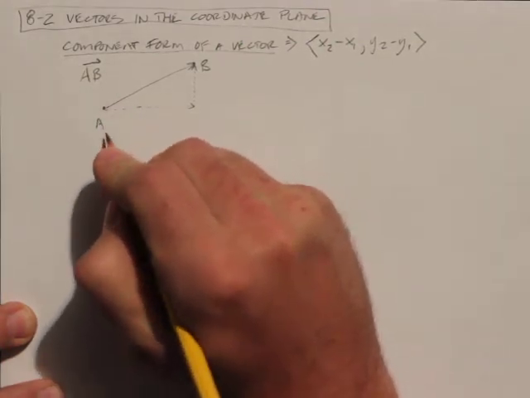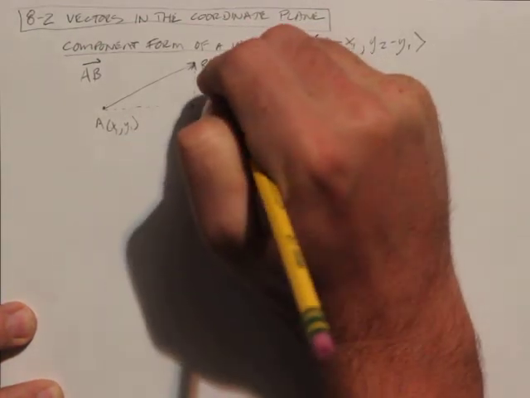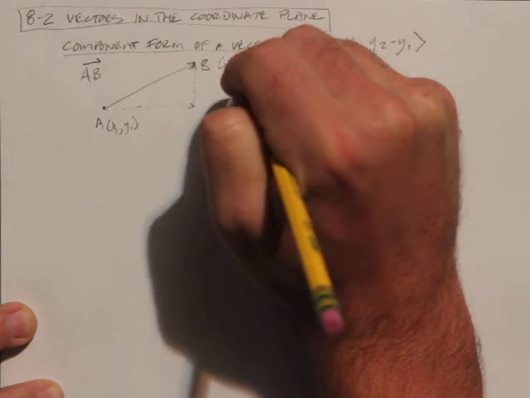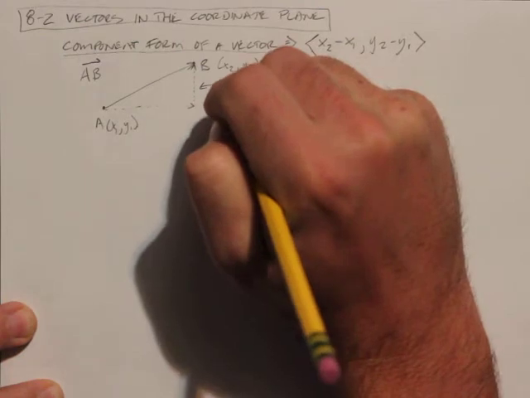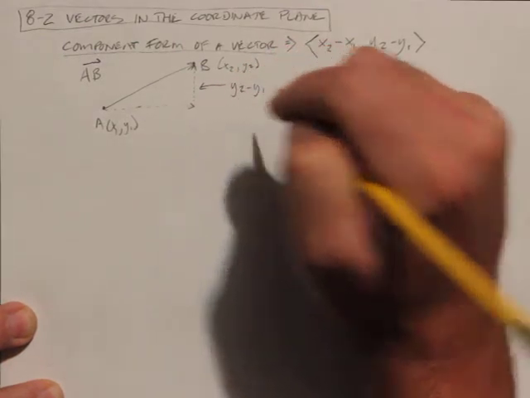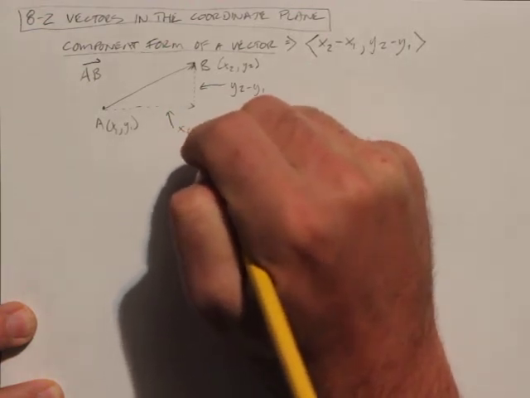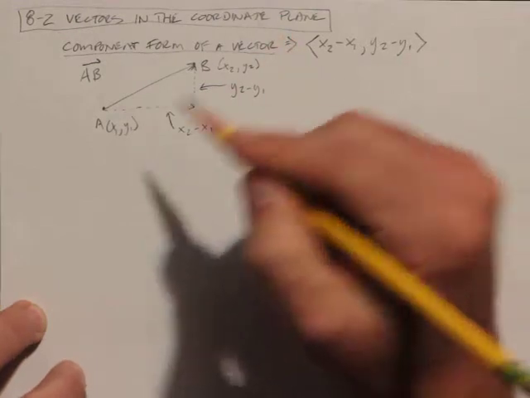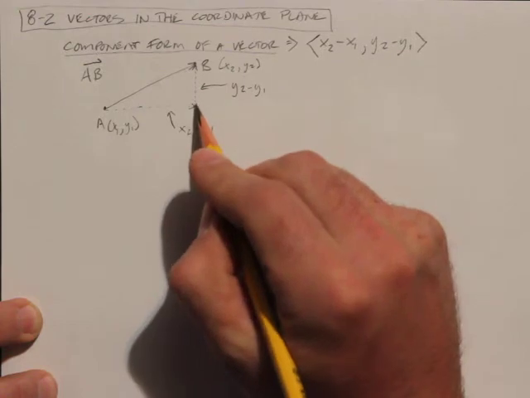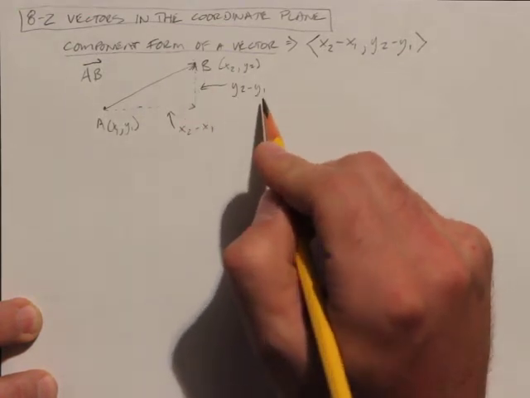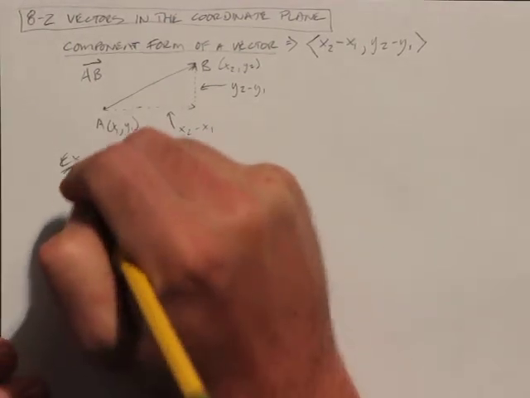So if A is x1, y1, and B is x2, y2, then this component is y2 minus y1, and this component is x2 minus x1. The distance from here to here is x2 minus x1, and the distance from here to here is y2 minus y1. Alright, so let's do some examples here, see if we can figure out what we're talking about.